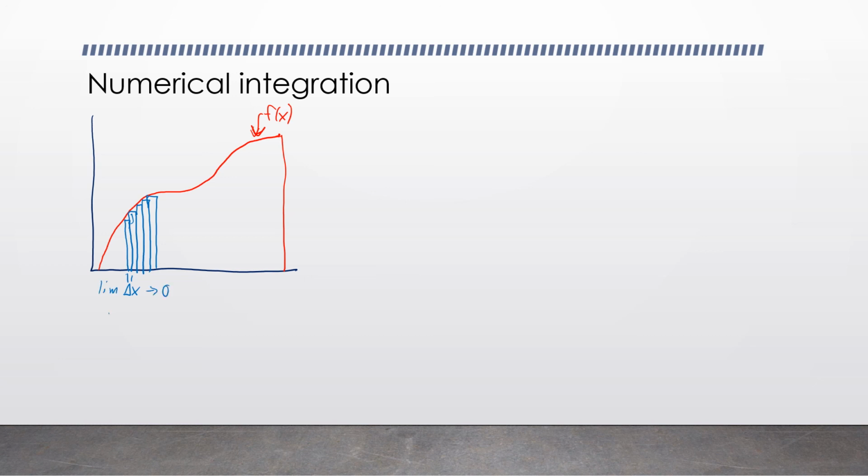So the integral from x min to x max of our f of x times dx is this limit as delta x approaches 0.